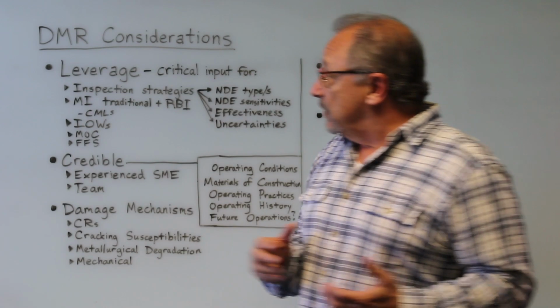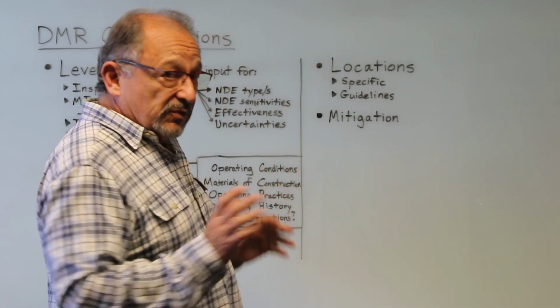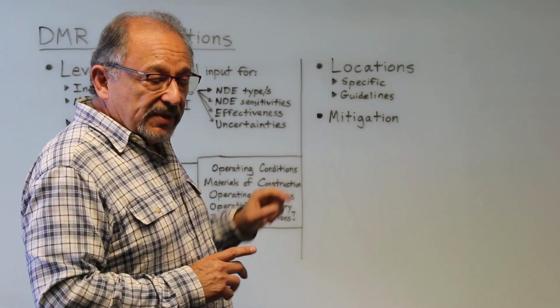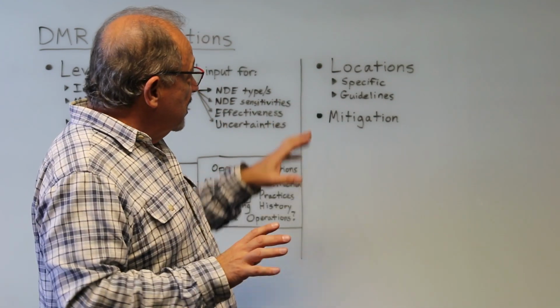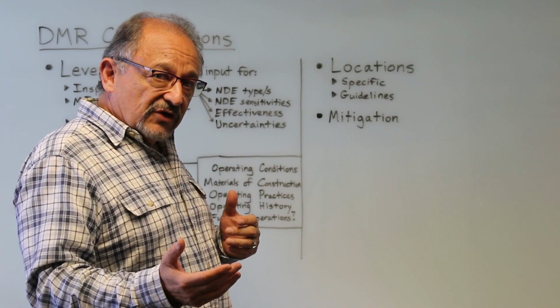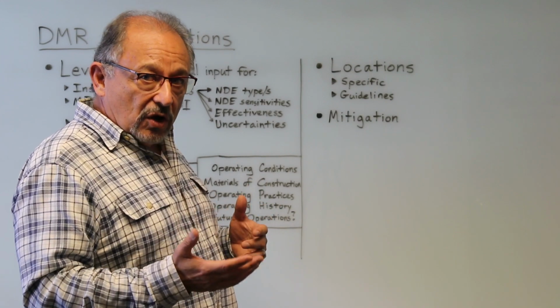Some other things that are really important too for these areas, not to forget in the report, are where do I expect that damage to show up? In the system or in the circuit, but also when it's relevant, is it going to be in the heat affected zone? Is it expected to be on the ID or on the OD?